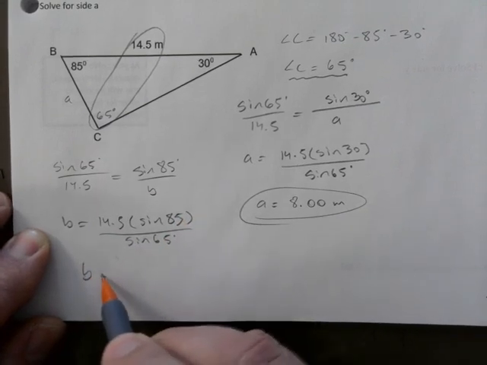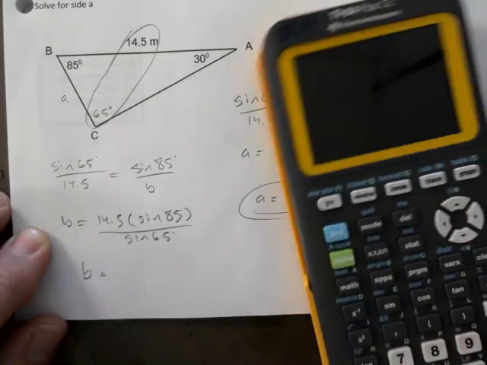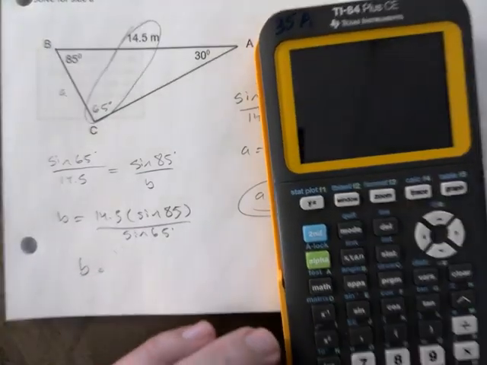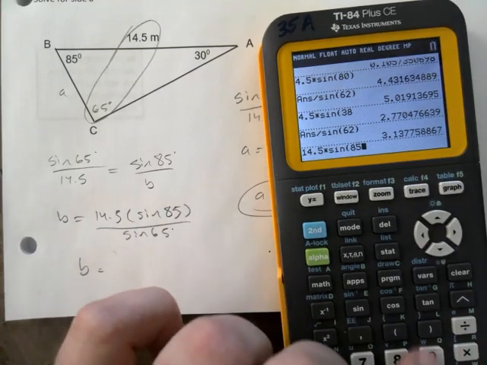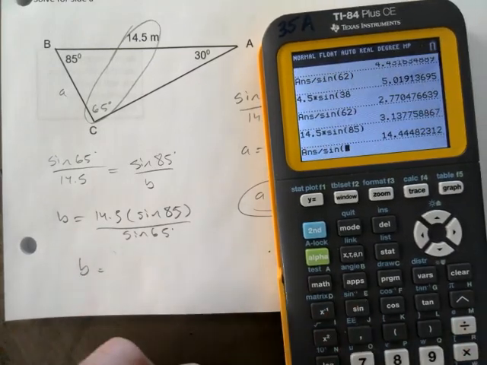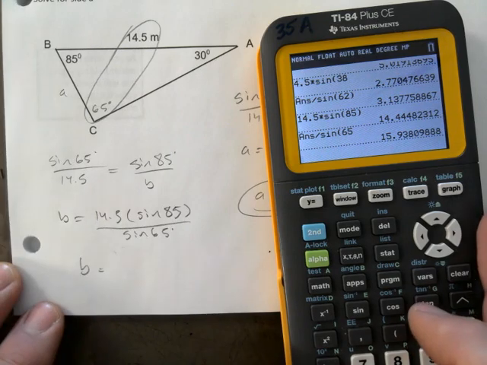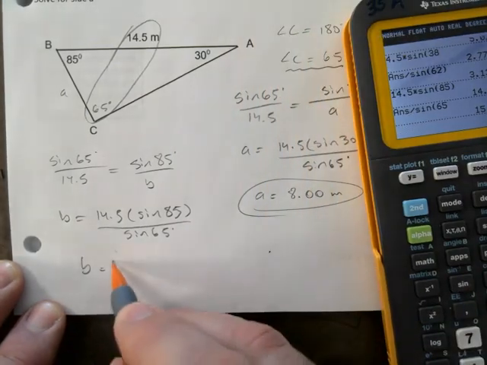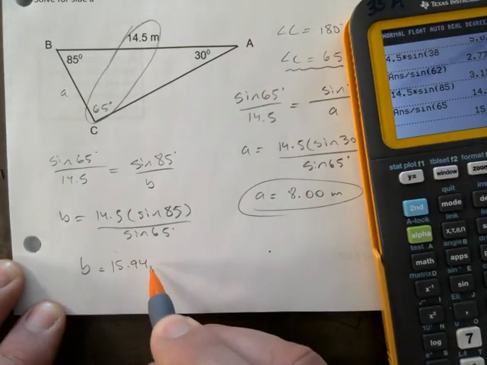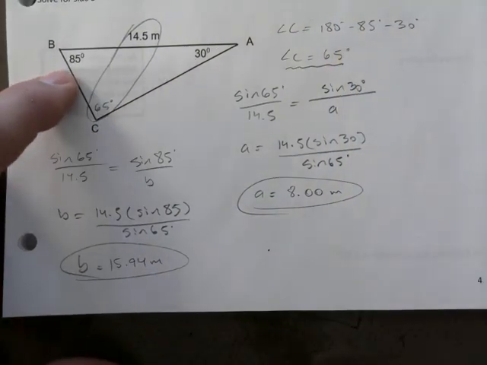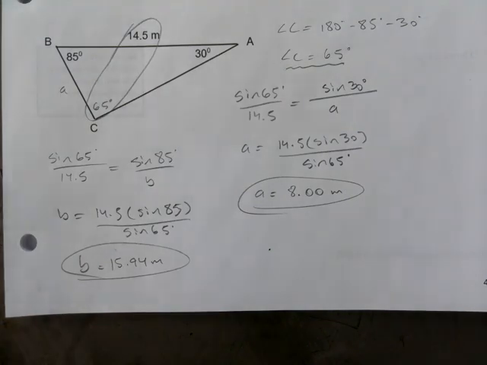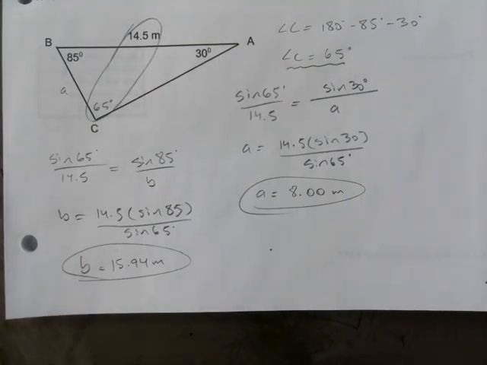I don't have this, so I'm just doing this right now. 15.94. All right. And I'm quite confident with that answer because it's across from the largest angle, right? So we've solved the triangle, guys, just like that. Okay.